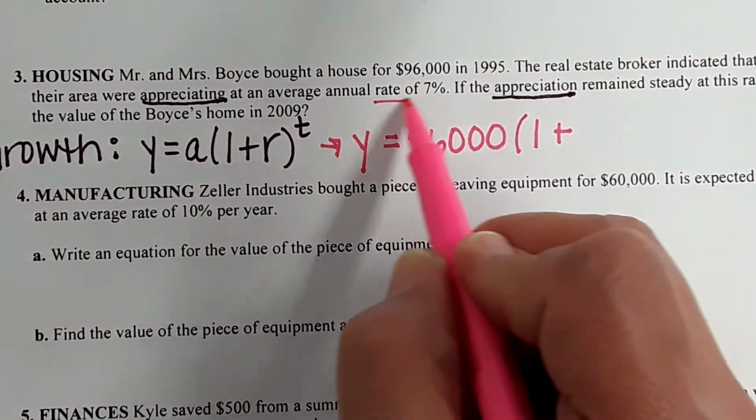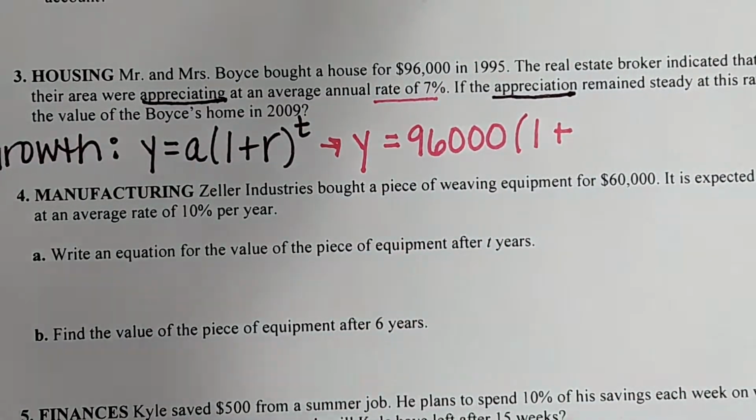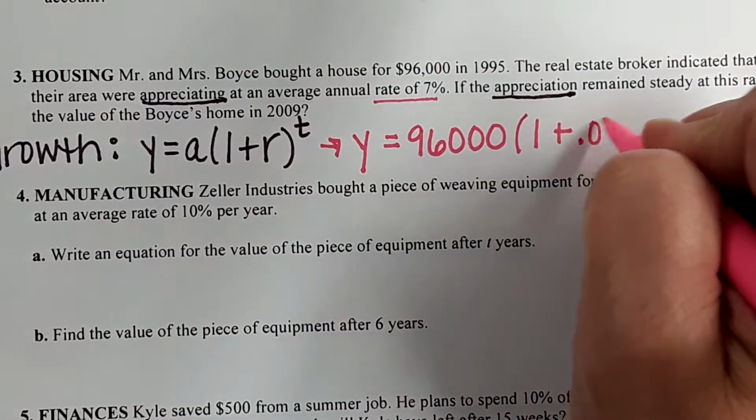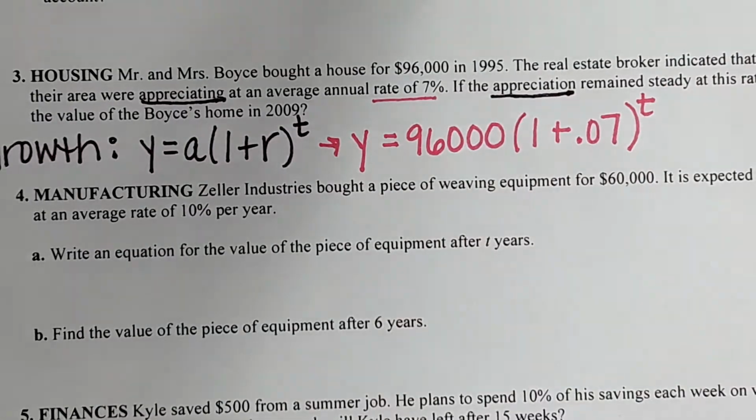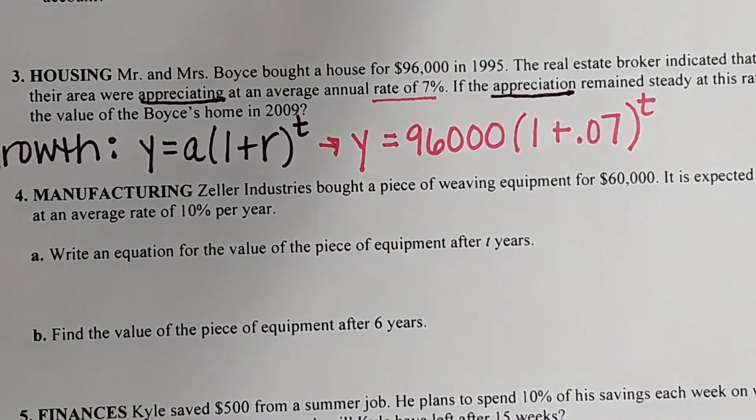So the annual rate is 7%, so how do you write it as a decimal? And then t and time would be that way. So tonight on your homework, you guys, this is exactly what you're going to do. All I want you to do tonight is write an equation.